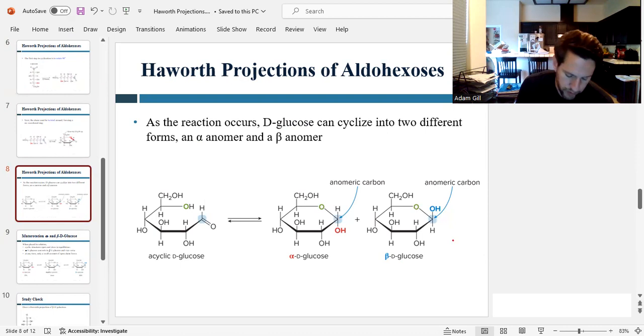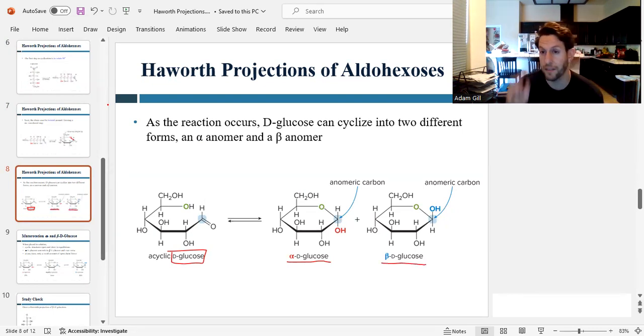And so we name this by putting alpha or beta in front of the name. So if the open chain form was D-glucose, then we have alpha D-glucose or beta D-glucose, just telling you that it's in a ring and it's either alpha or beta.